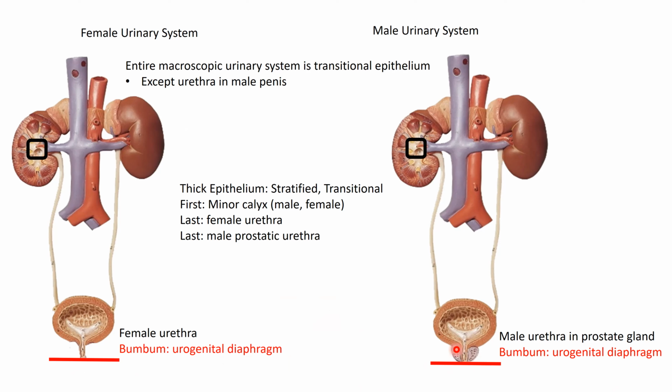Again, this is the prostate gland, and this is the urethra inside. It starts at the minor calyx in both, and the last part where you see the transitional epithelium is the female urethra. In male it is the prostatic urethra.